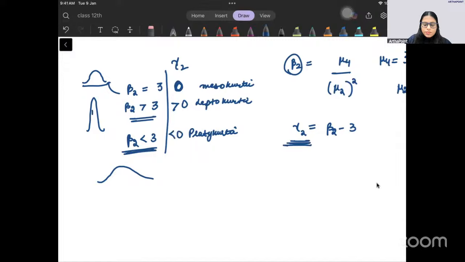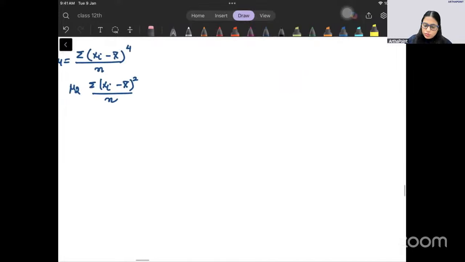Less than 0. So sometimes books also represent the question in terms of gamma 2. Is it clear? So this is all about Kurtosis. They can ask you beta 2 directly, or they can ask you gamma 2. Okay. So let me give you one question based on it.